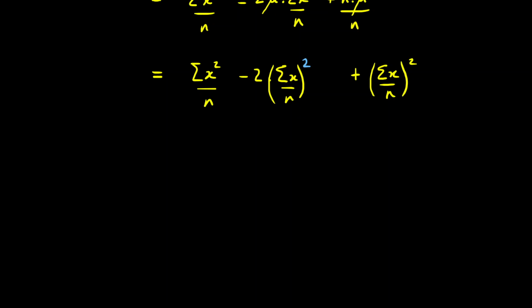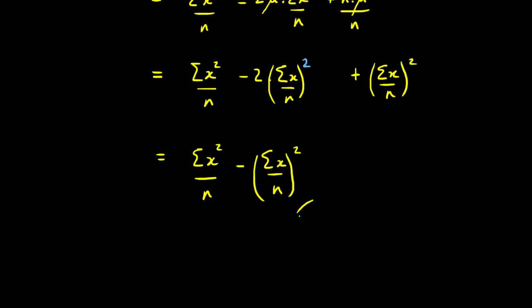So I've got, in summary, sigma x squared upon n minus 2 lots of sigma x upon n squared plus sigma x upon n squared. Well, if I've got minus 2 plus 1, I end up with minus sigma x upon n squared.